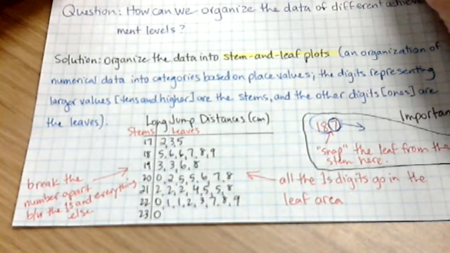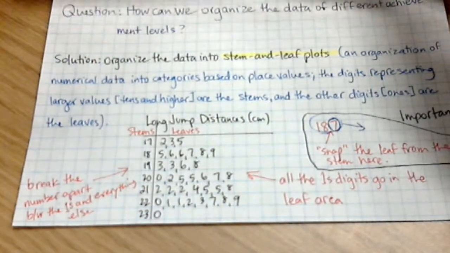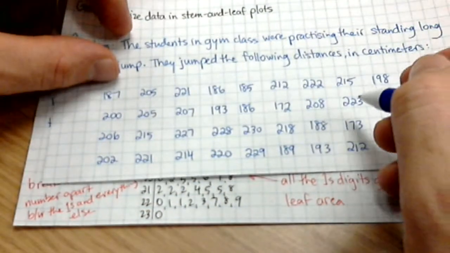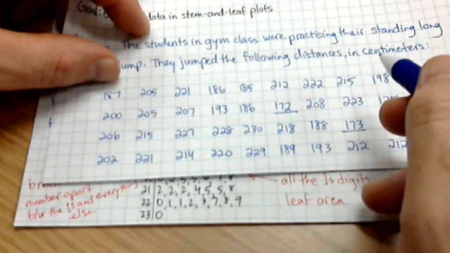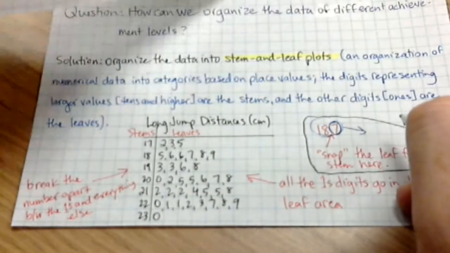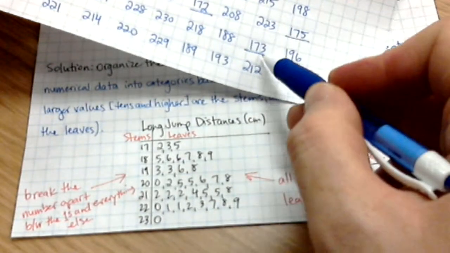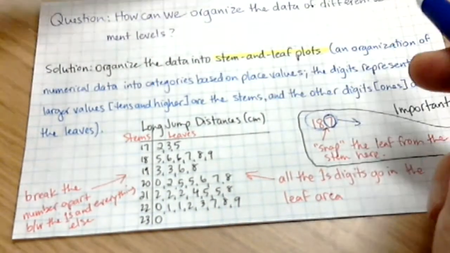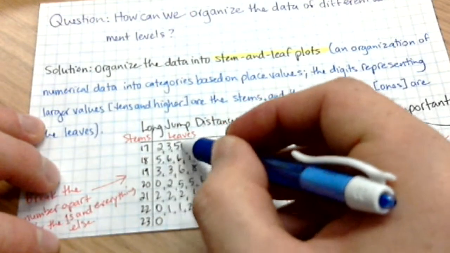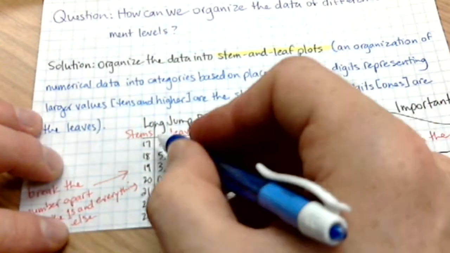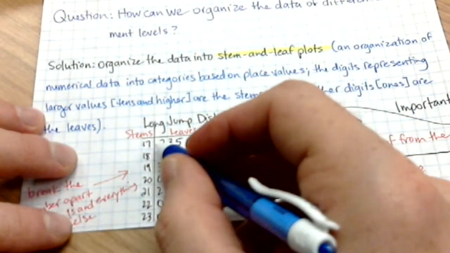Then what you do is you look for all of the numbers starting with the 170s. So here's a 170, here's one, and here's one. Okay? So I've got 172, 173, and 175. Now the way this works is that the ones digit gets written down in the leaves area. I happen to have these in order from lowest to highest.